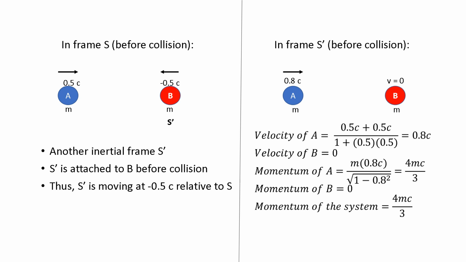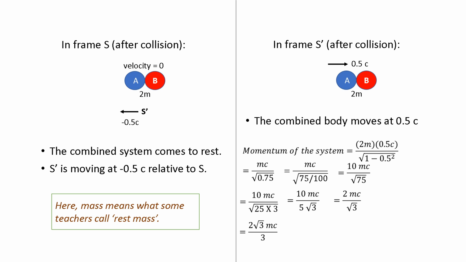So we calculate momentum of A and this comes as 4 into m into c divided by 3. Since the velocity of B is 0 in frame S prime, the momentum of B will be 0. We add momentum of A and momentum of B. We find that the momentum of the system in frame S prime is 4 into m into c divided by 3. Let us see what happens after collision.